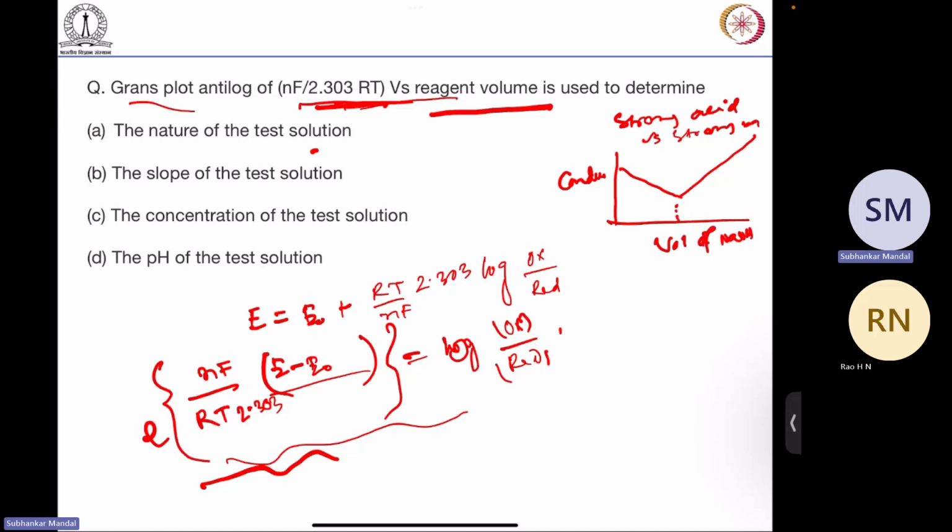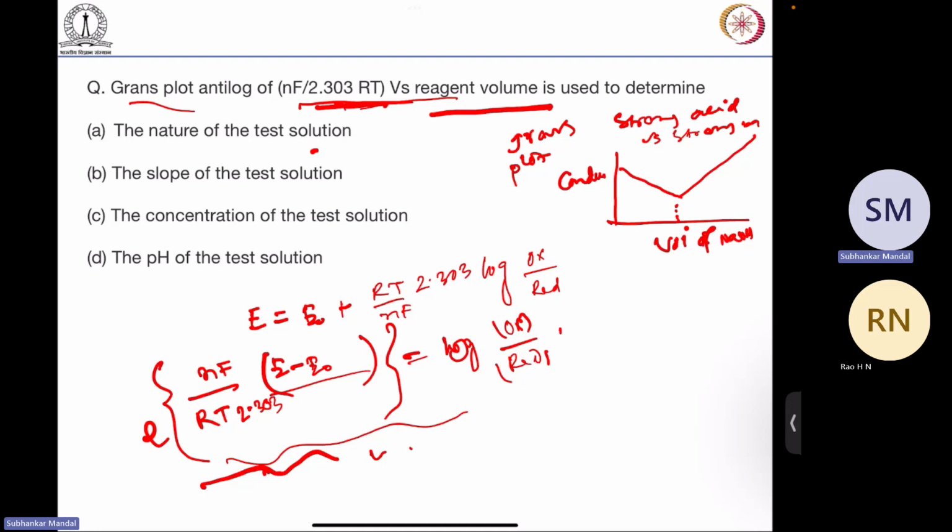From here this is the equivalent point. So from here this is the Gran's plot. This is for a redox process, but I have drawn this for acid base titration. So from here what do we get to know?